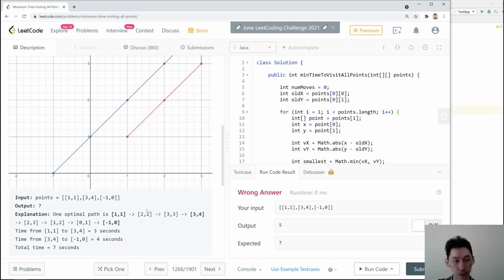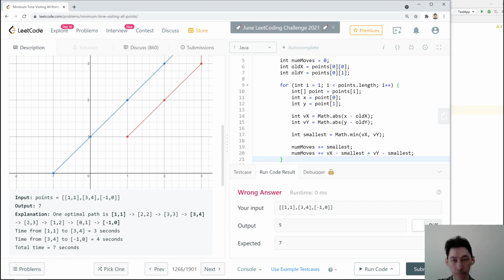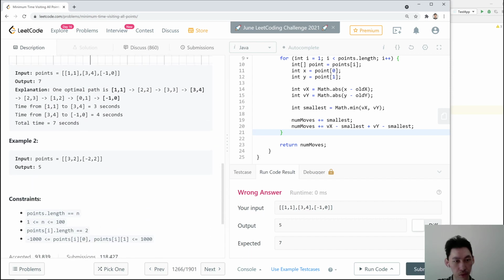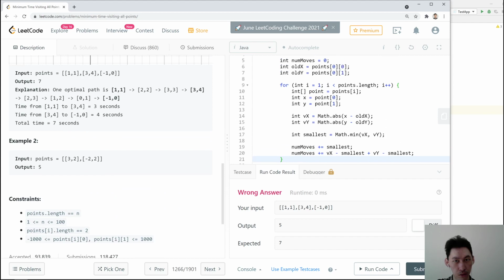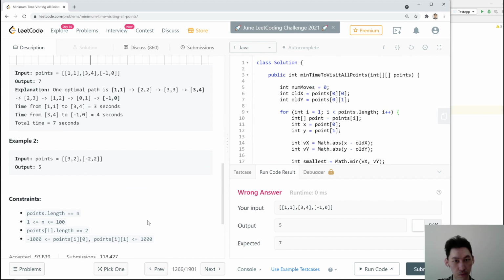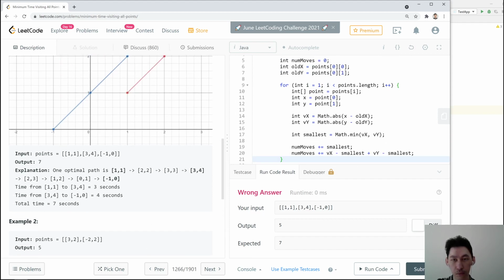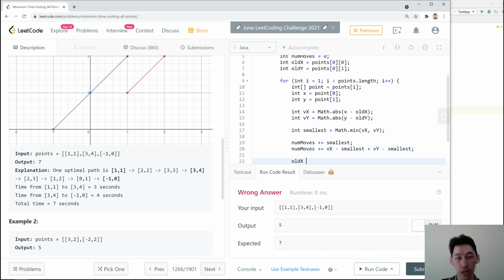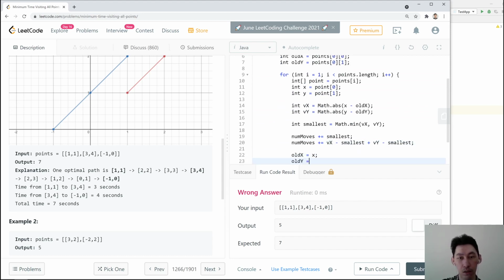Expected 7 for that one. Okay. This is the point x, y, x minus old. Oh, we need to reset old x to x, old y to y.